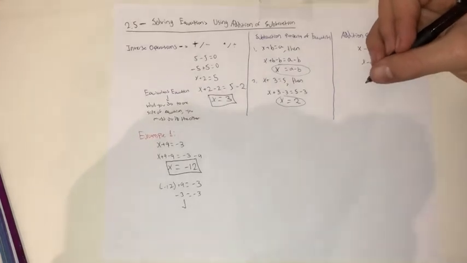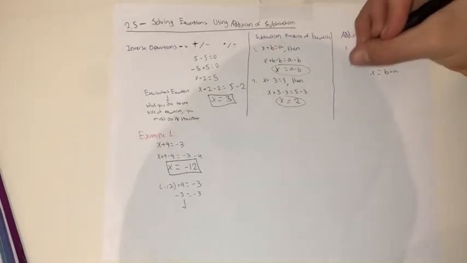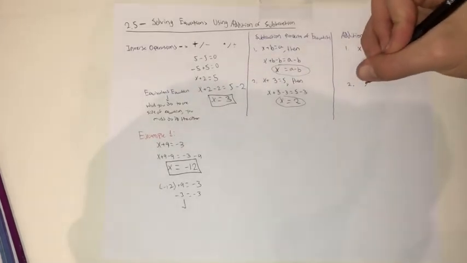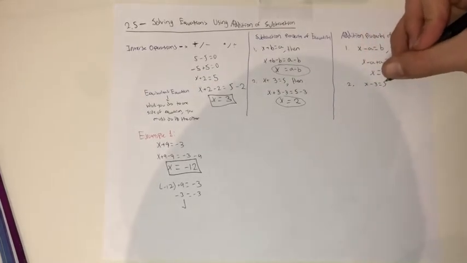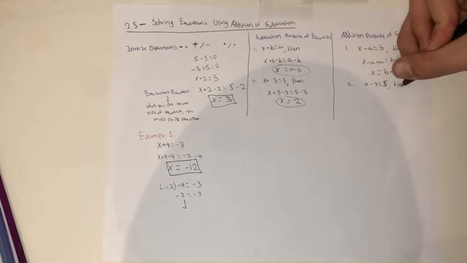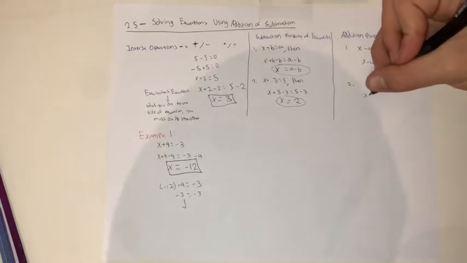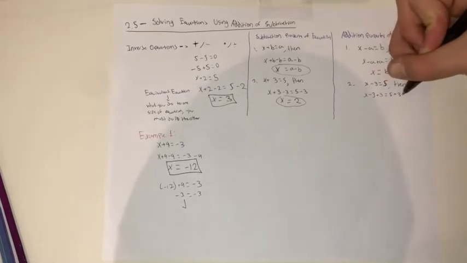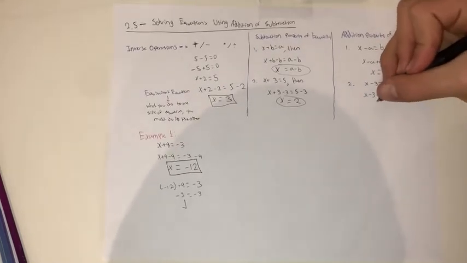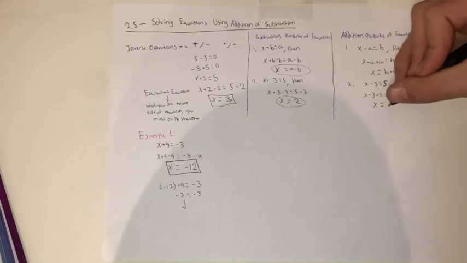With numbers, this would be x minus 3 equals 5. Then x minus 3 plus 3 equals 5 plus 3. These two cancel out, so x equals 8.